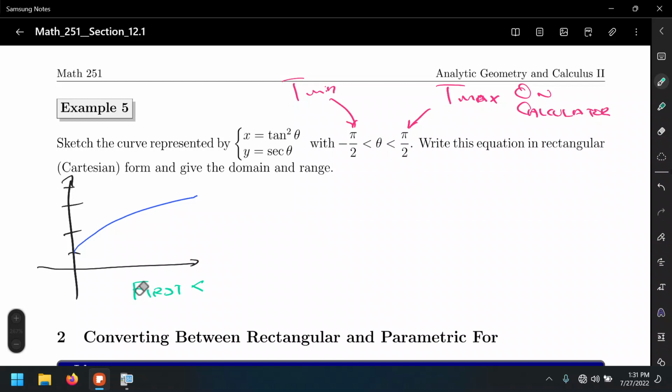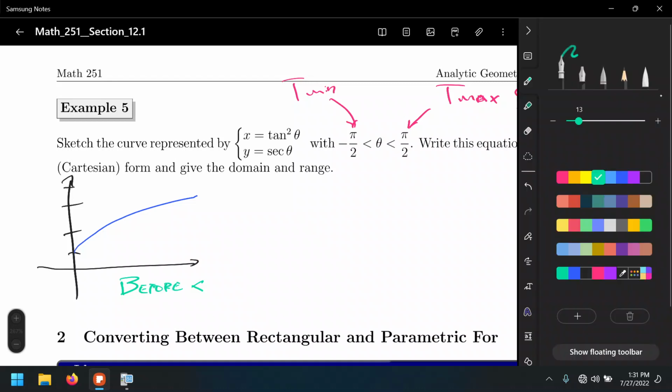Before and after: it's going to come from whatever direction, then hit the wall, if you will, and then bounce back.